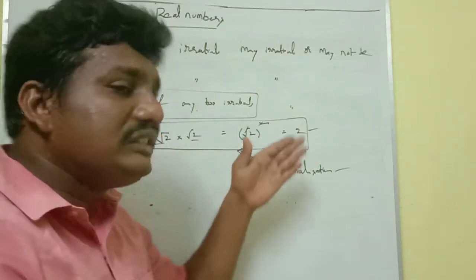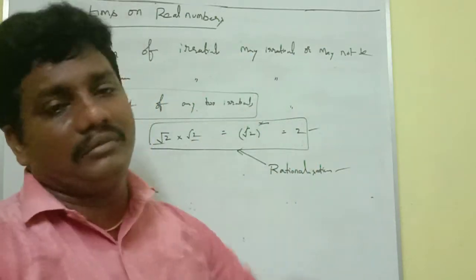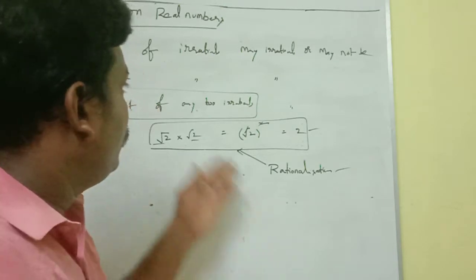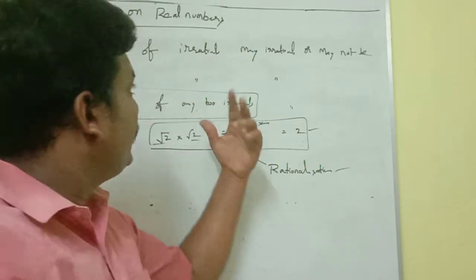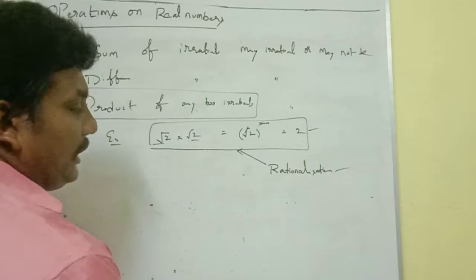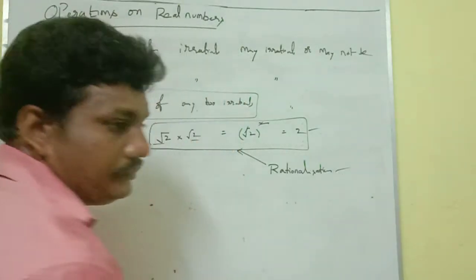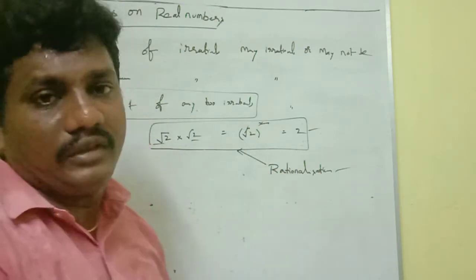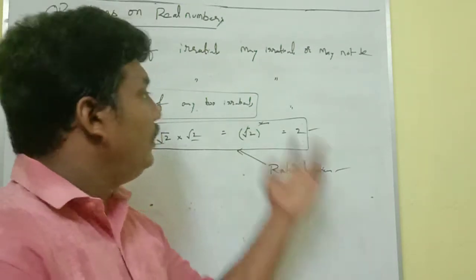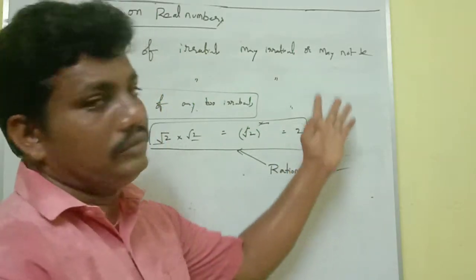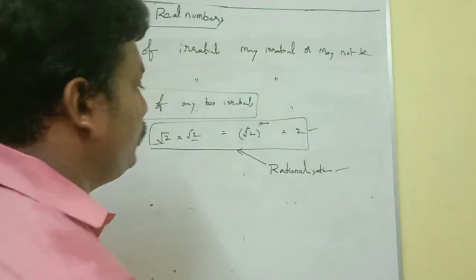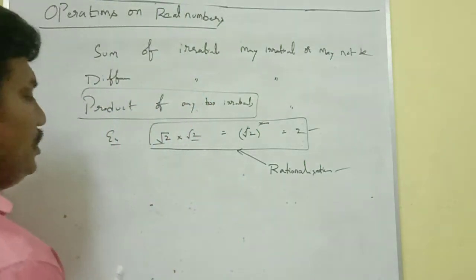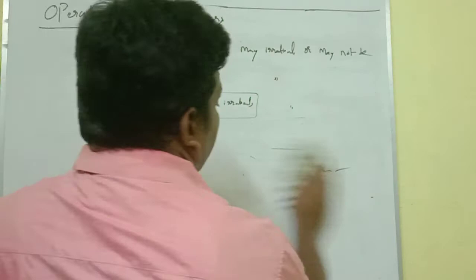This is used to simplify irrational numbers or real numbers. Especially we are going to rationalize the denominator while adding two irrational numbers or a series of irrational numbers. So we are going to use the rationalization process. Very important this is. Now, how to find the rationalizing?